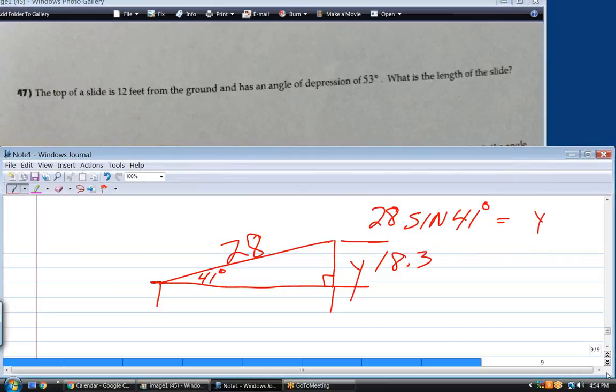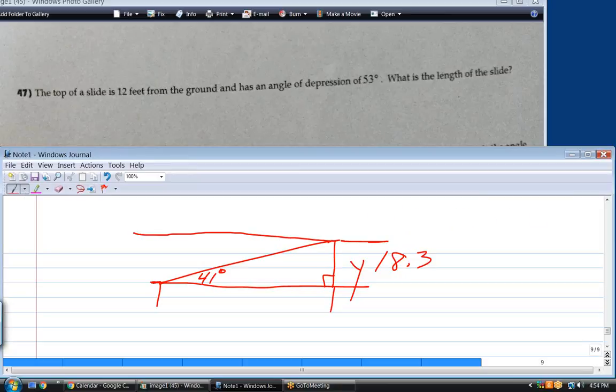However, before we go on, let's look at this last problem. Okay. And if I'm drawing this picture, notice that the angle of depression happens to be, in this case, the same as the angle of inclination, because this line is parallel with that line, which makes that 41 and that 41.